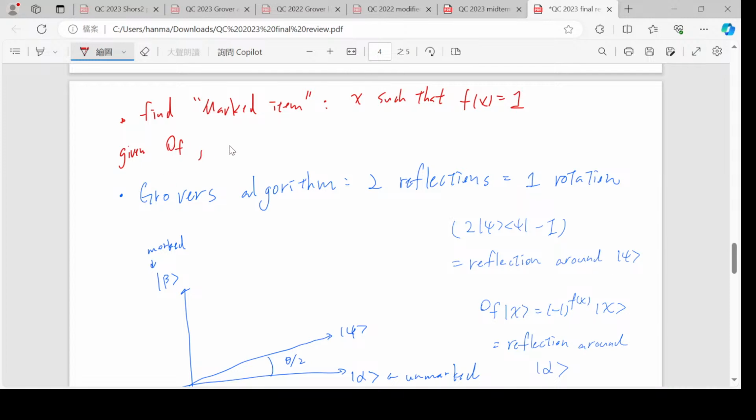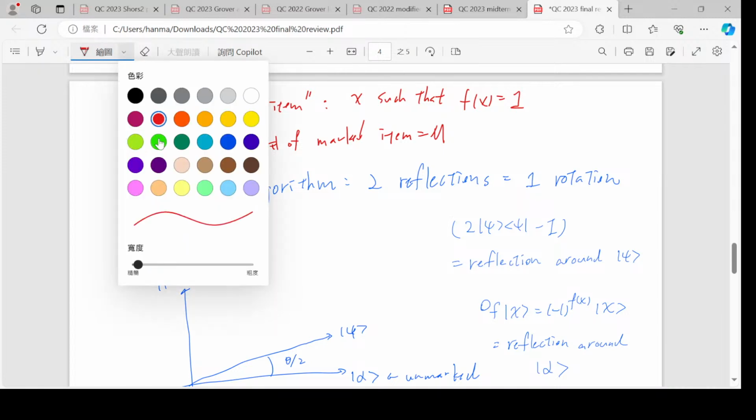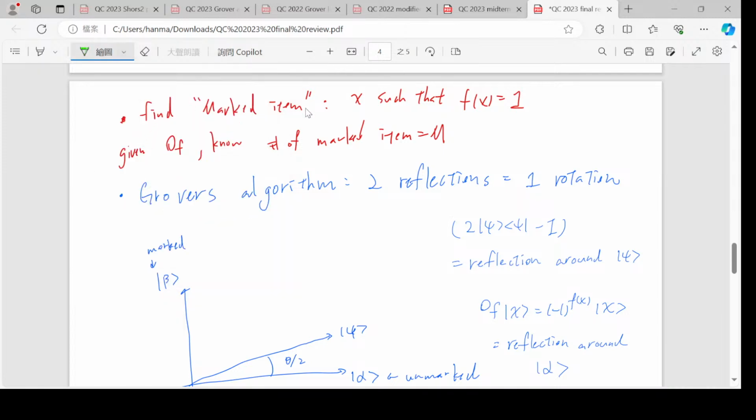And also, for the easy version, we say we know the number of marked items equal to m. So that's I guess the goal of the problem. We want to find only one marked item. Okay, we want to find x such that f of x equals 1.